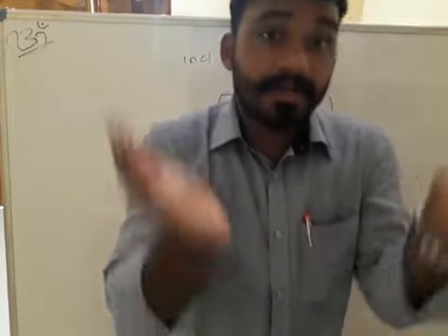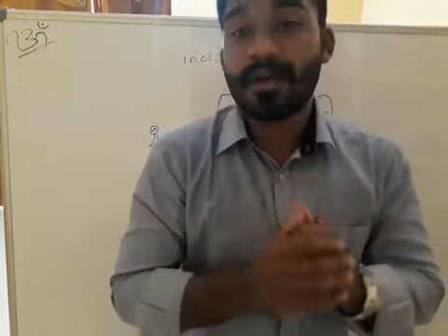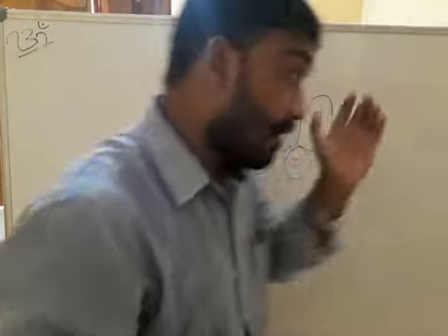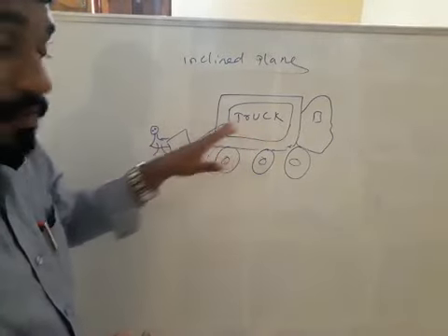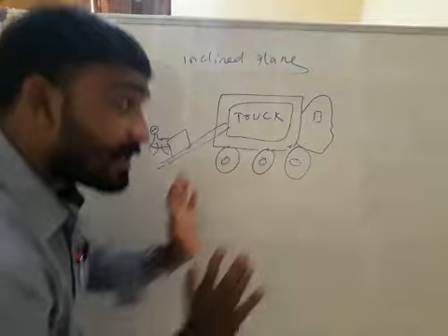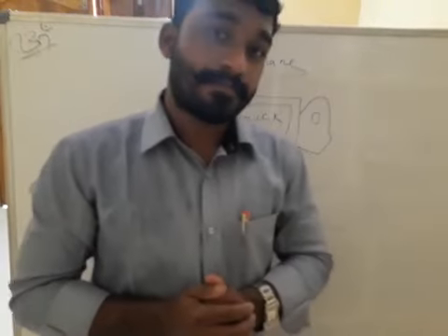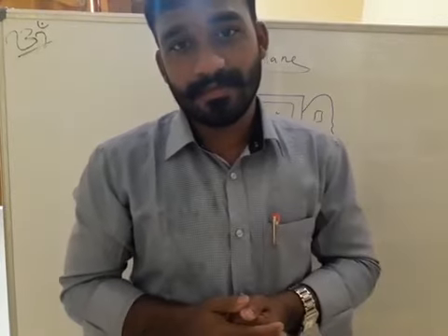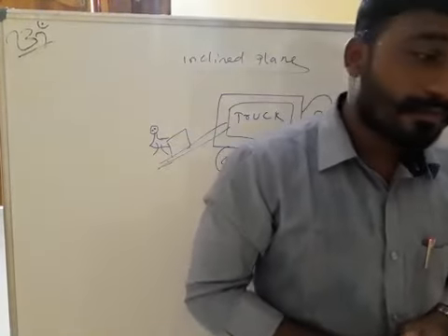If you lift the box and keep it on the truck, then it is very difficult. But by the help of an inclined plane, we can easily push the box into the truck and load it. So write the definition of inclined plane.